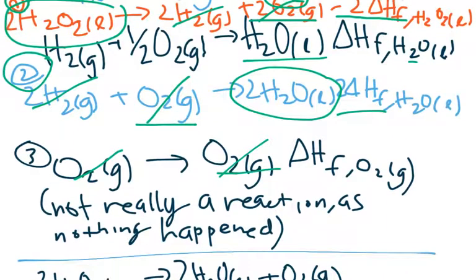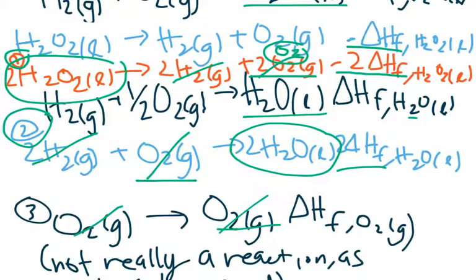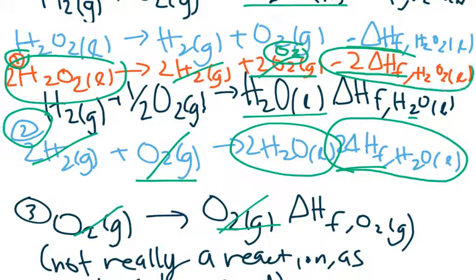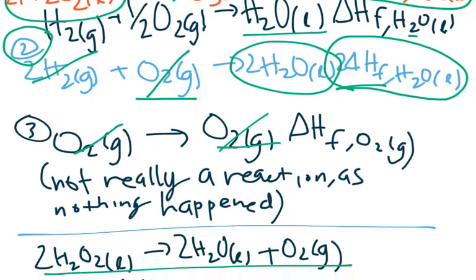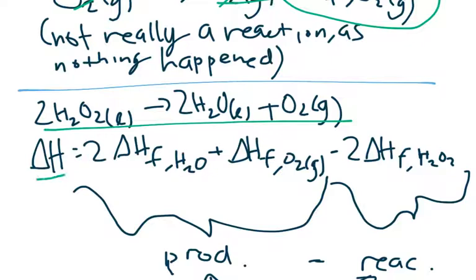And notice that according to Hess's law, we add up all the ΔH's, so we end up getting, well, we have to add 2 times the ΔHf for H2O minus 2 times the ΔHf for H2O2 plus the ΔHf for O2, which we know is going to be 0. So this is going to be the ΔH of the reaction in terms of the ΔHf's that we just derived above.